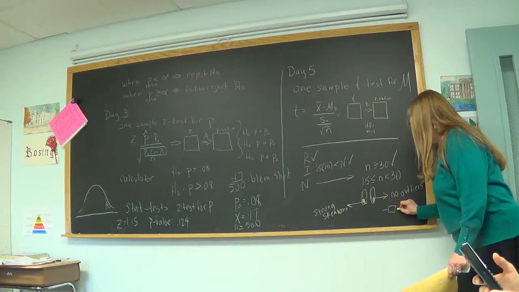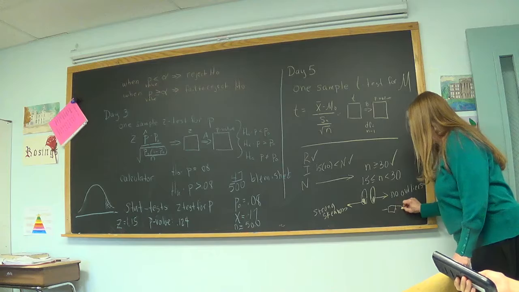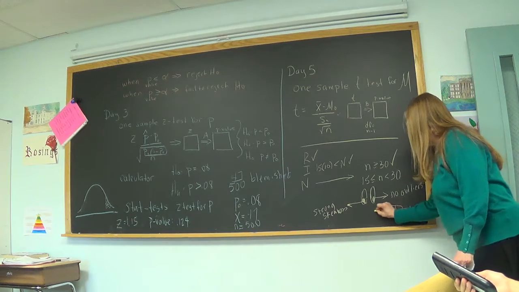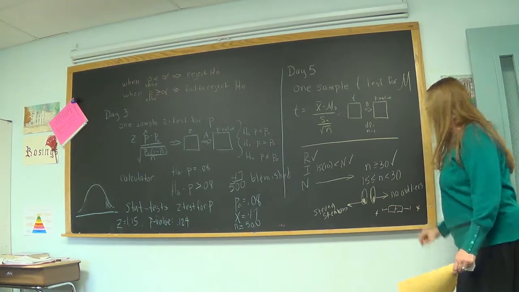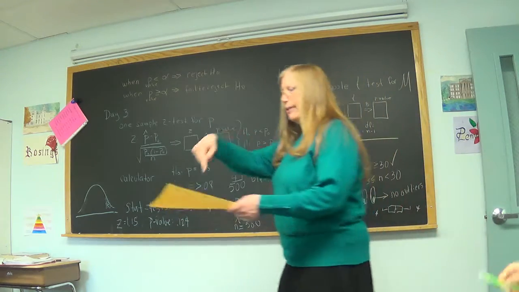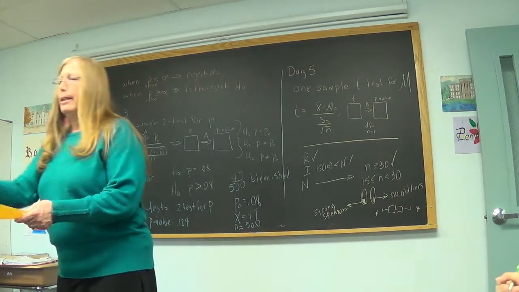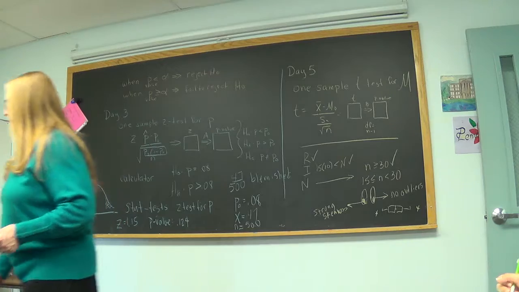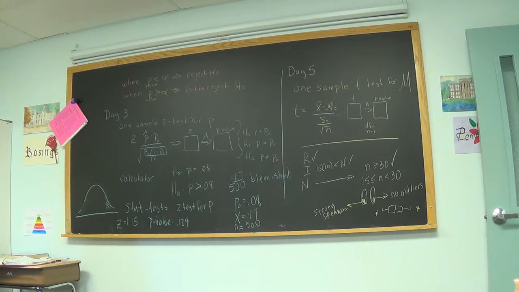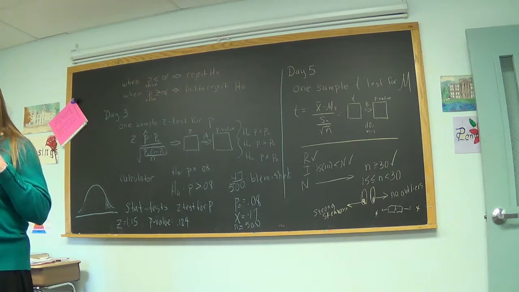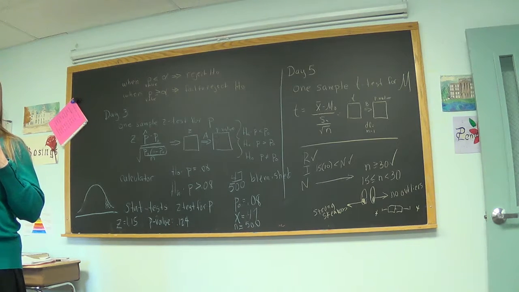If you have a box whisker with little stars on it, those are outliers. There were no stars on the box whisker. Now they gave us a dot plot. Our calculators do not do a dot plot, but they do a very similar graph called a histogram.